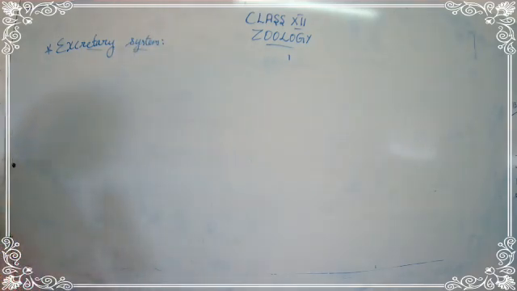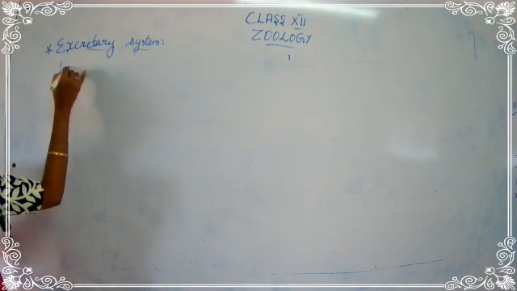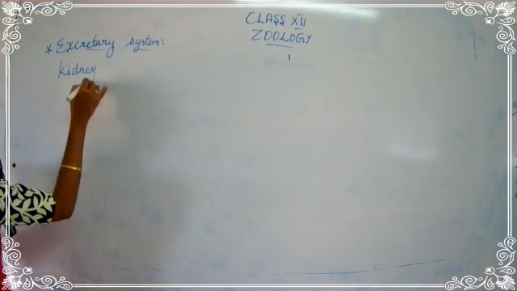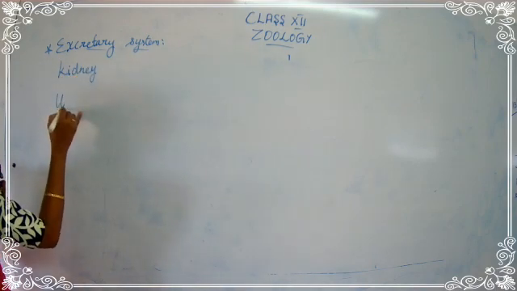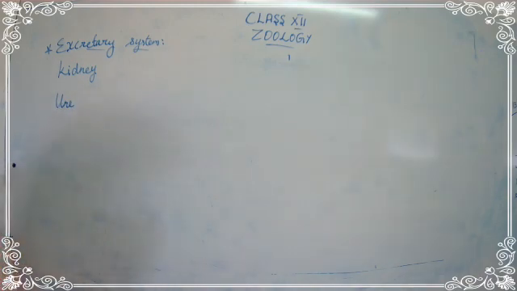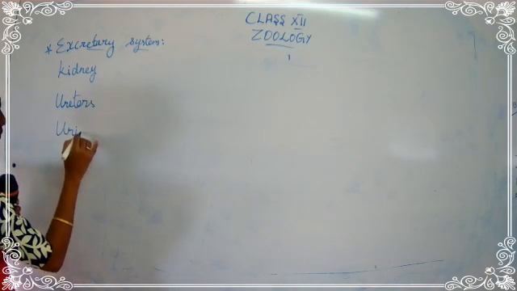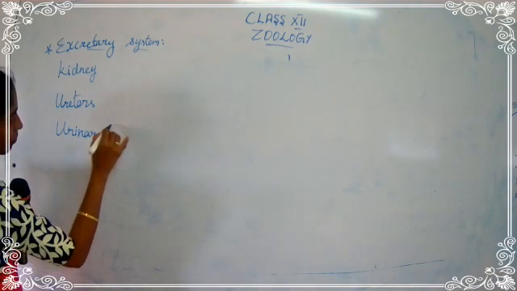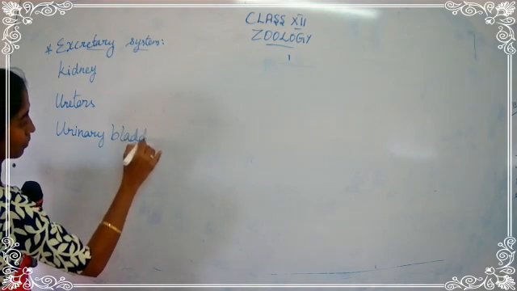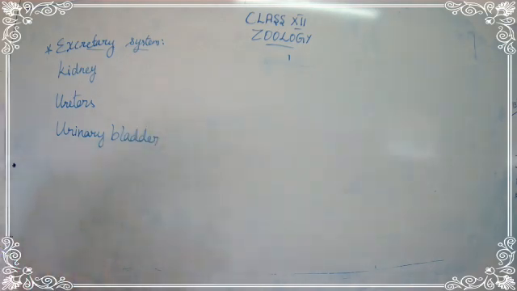The excretory system contains a pair of kidneys, ureters, urinary bladder, and finally the cloaca.